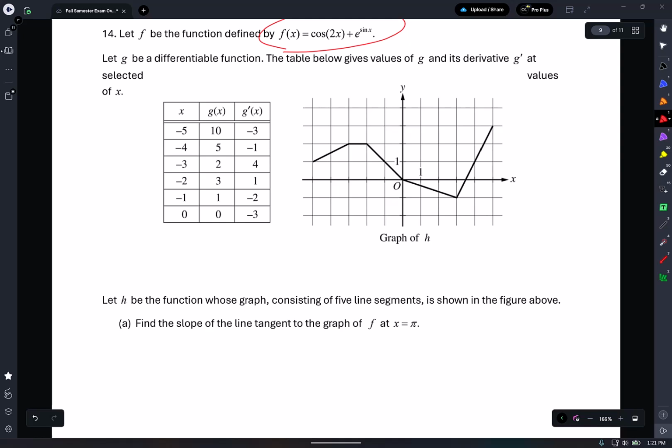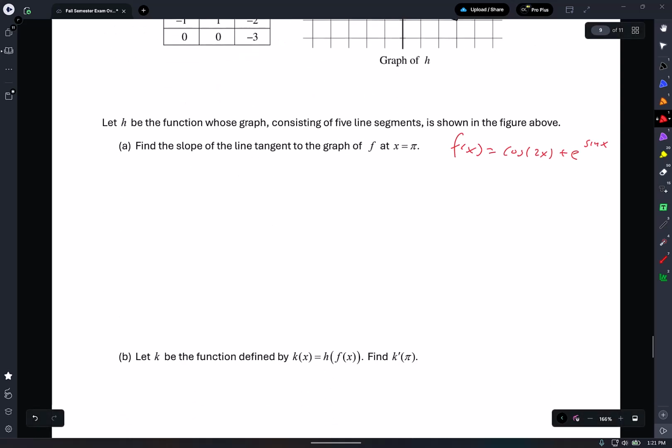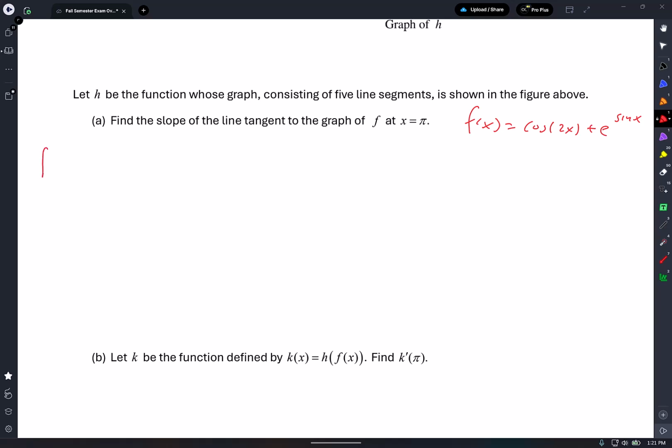So let me write that down first. F of x equals cosine 2x plus e to the sine x. Okay, here we go. So f prime, so they want the slope of the tangent line at pi, so that means you've got to take a derivative. F prime of x equals the derivative of cosine is negative sine, so negative sine 2x times 2, plus the derivative of e to the sine x is itself, e to the sine x, times, and then chain rule, the derivative of sine x, which is cosine x.